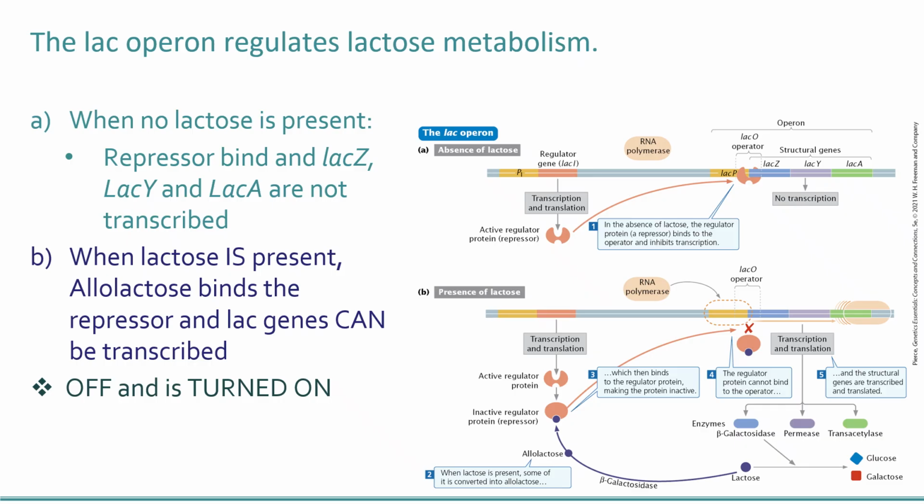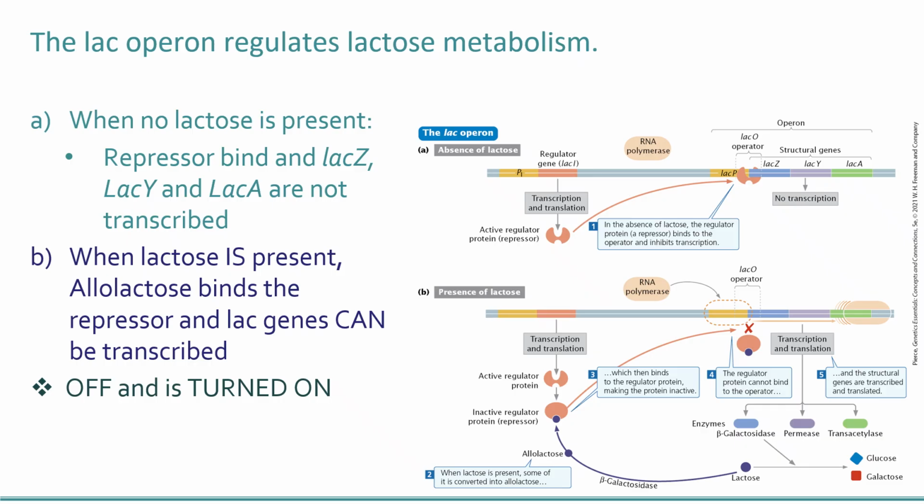So when there's no lactose present, that repressor is bound. We don't need much of that beta-galactosidase or the LAC-Y gene. We're not worrying about the LAC-A for now, and so this is generally shut off. But once a little tiny bit of lactose comes into the cell, beta-galactosidase is going to convert it into allolactose.